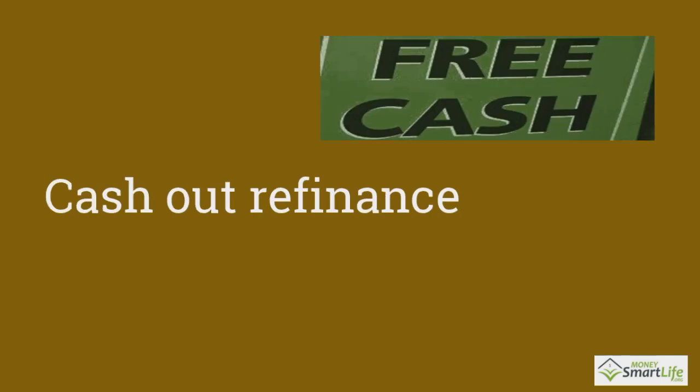Another vehicle under leverage, and once again, borrowing money, is a cash out refinance. Now, what a cash out refinance is, either through a new first mortgage or a second mortgage, not a home equity line of credit, but a second mortgage, you're able to access cash. So if your house is worth $200,000 and you owe $100,000 on your house, then you have a $100,000 equity position.